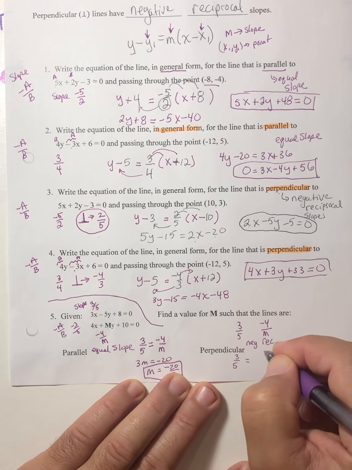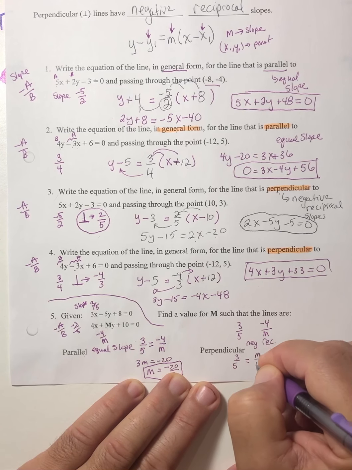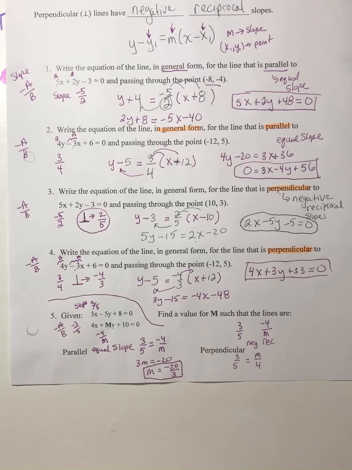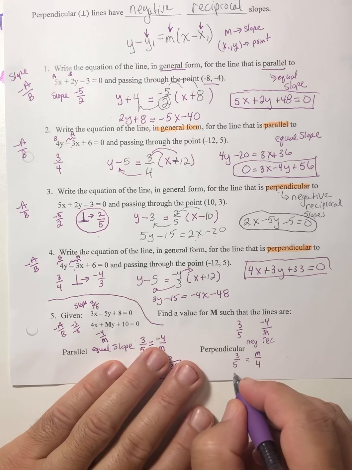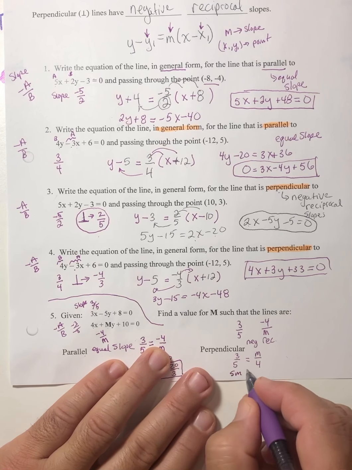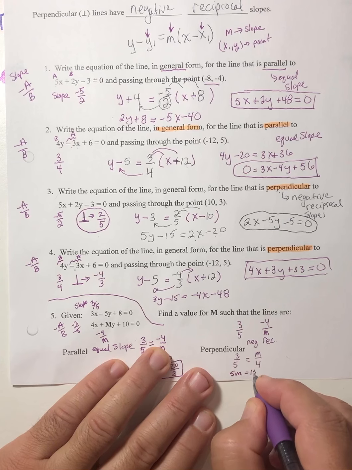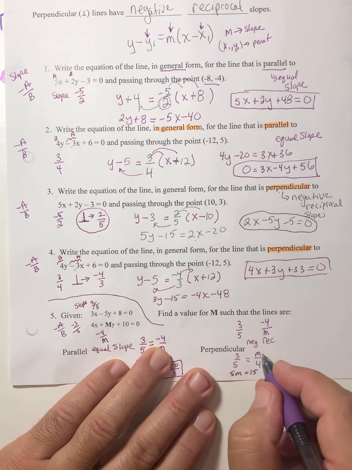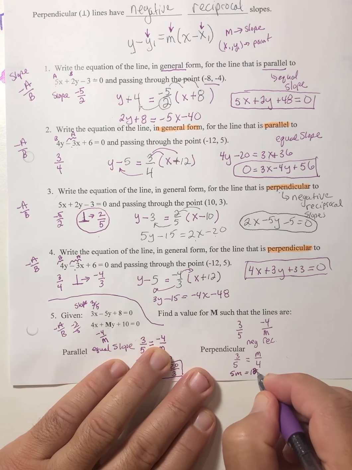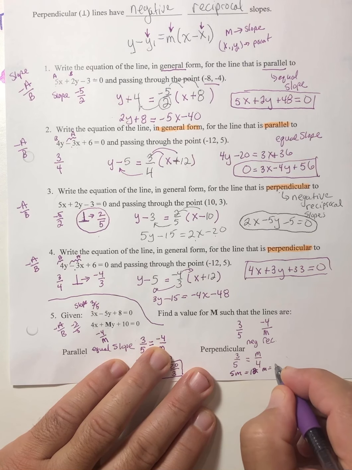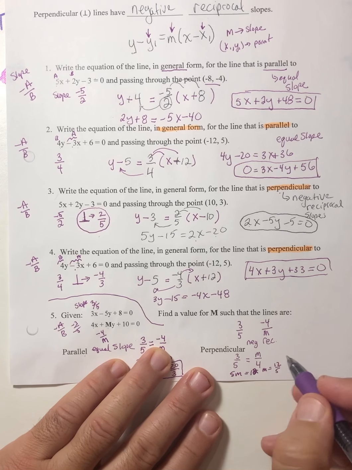So it's equals m over 4. And now we can cross multiply and do our magic. So we would have 5m equals 12. So then m would equal 12/5. That's one way of doing it.